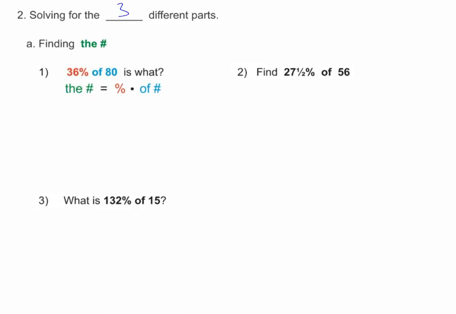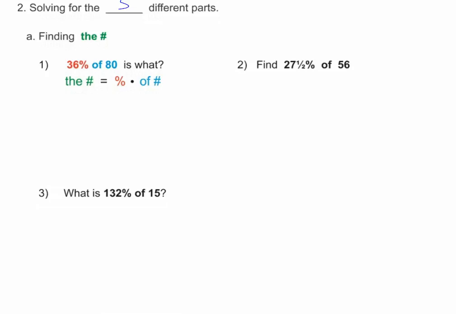And A is finding the number, which I'm going to put in parentheses, is also the same as finding the part. Remember, our two equations up above are the same equation, just a different way of looking at it.